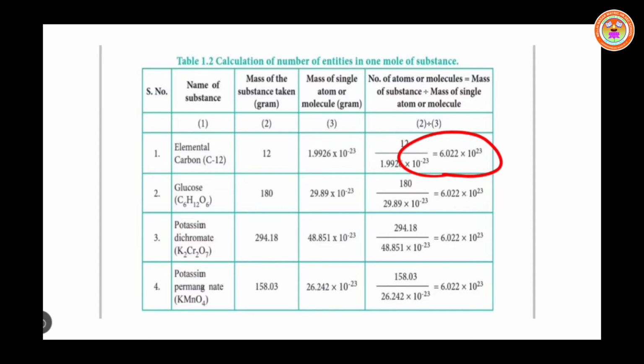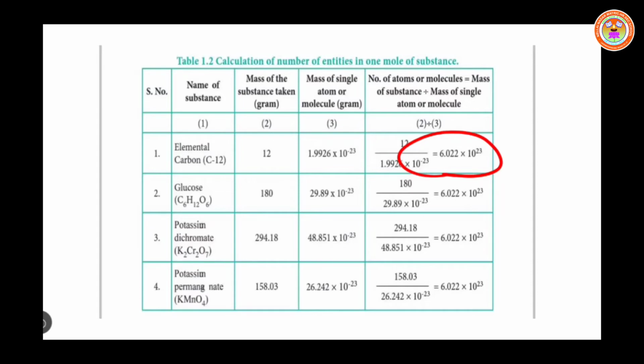So similar to the way we use the term dozen to represent 12 entities, we can use the term mole to represent 6.022 into 10 to the power 23 entities.